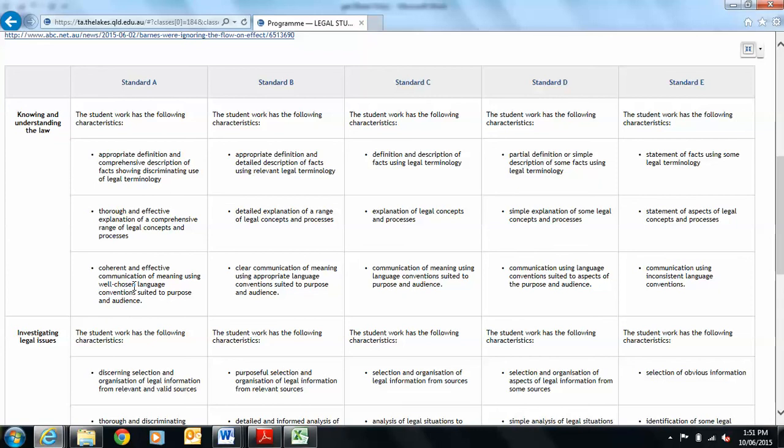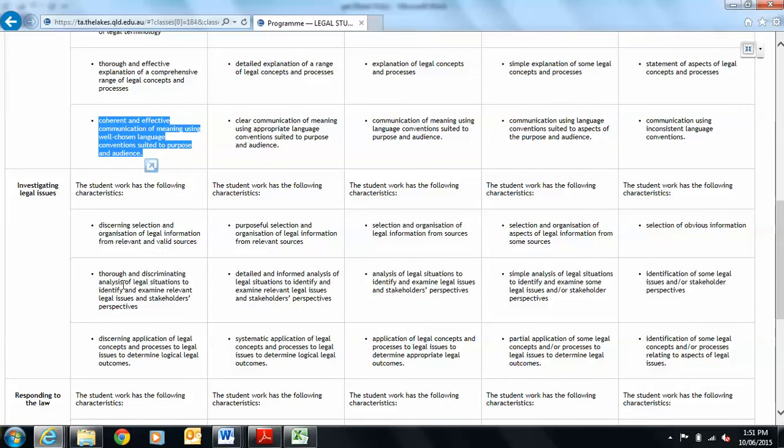And I would be careful there. I also think when I go back, I emphasise again that there is a word limit that you should be looking at. Not writing too much allows you to be coherent and effective in your communication. Okay, investigating. What do we have to do to investigate the legal issue? We have to organise legal information from relevant and valid sources.